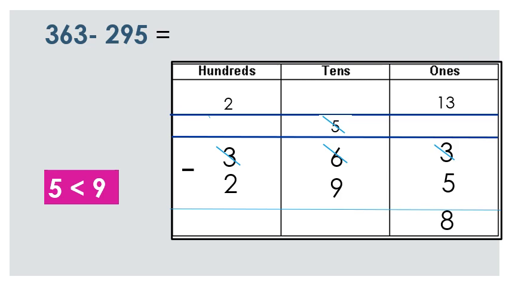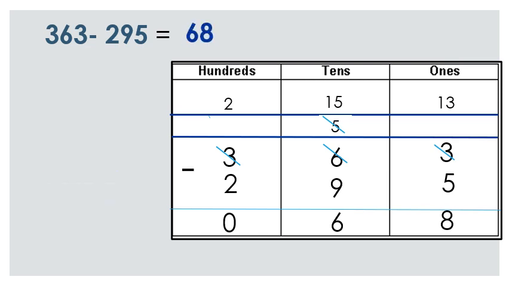The 5 tens becomes 15 tens. 15 tens minus 9 tens is equal to 6 tens. Subtract now hundreds. 200s minus 200s is equal to 0. So the difference is 68.